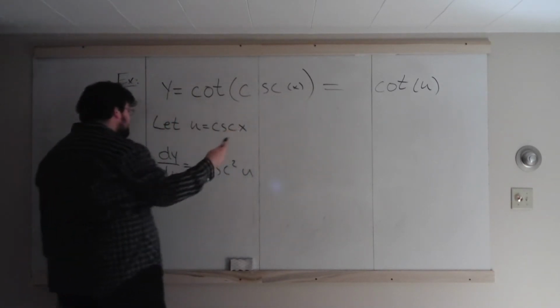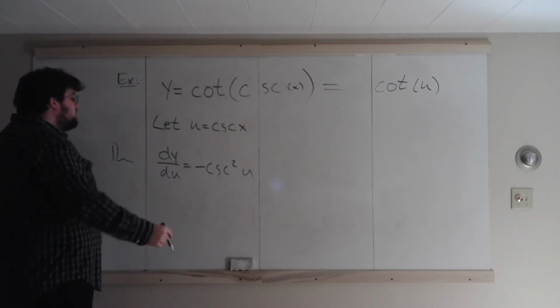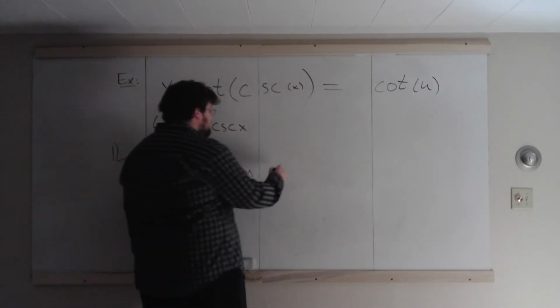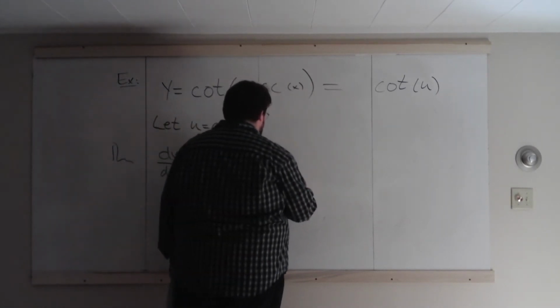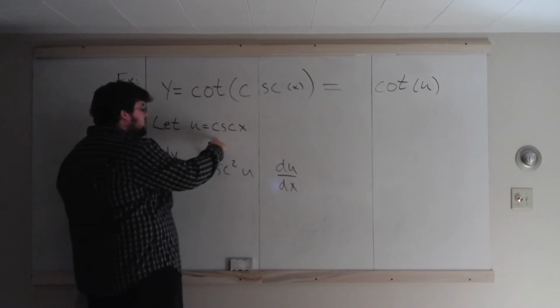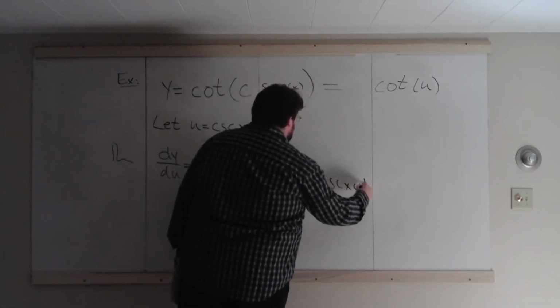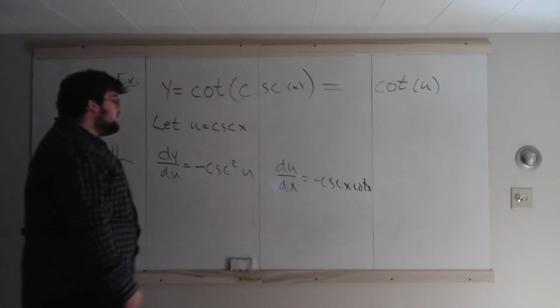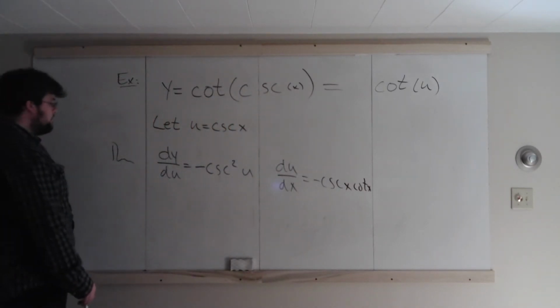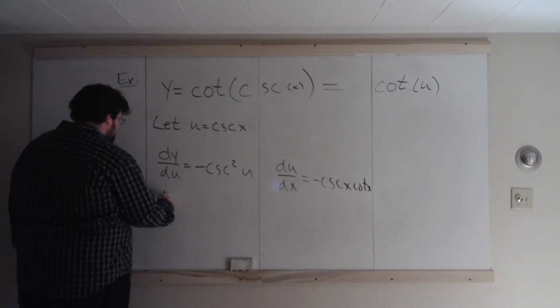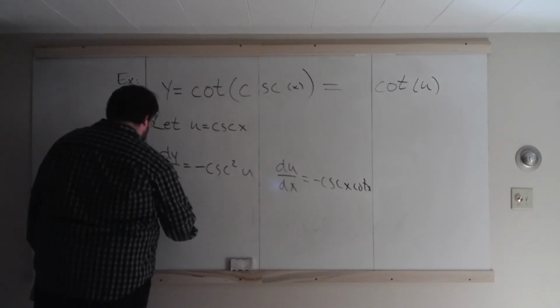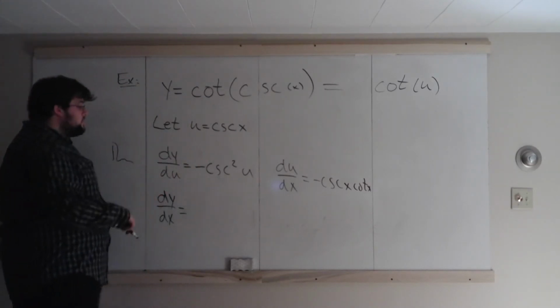Dy/du is negative cosecant squared. Du/dx, well, the derivative of cosecant is negative cosecant x cotangent x. And then dy/dx is just those two things multiplied.